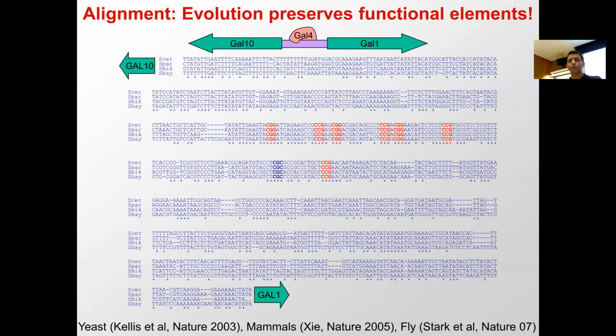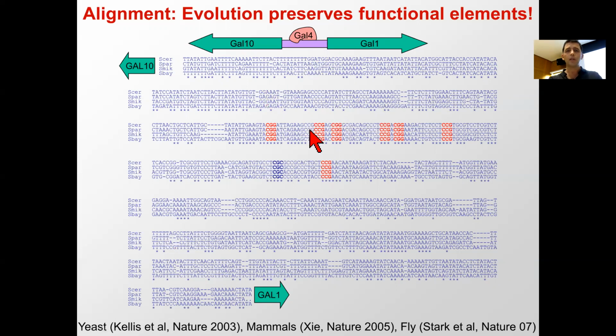So this was in fact the focus of my PhD thesis. In 2003, I published this paper in Nature that showed how we can align multiple species to completely de novo discover all of the functional elements that we know about in those species, like protein coding genes and regulatory motifs.